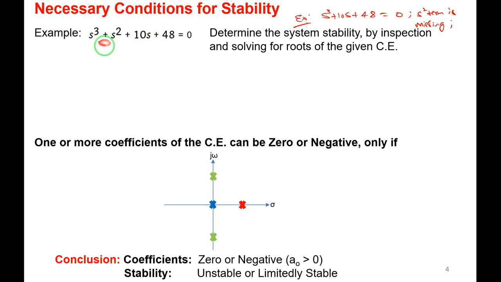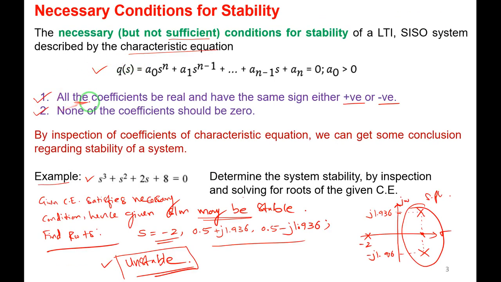But let me take this example now. Since it is satisfying the necessary condition, the necessary condition is satisfied. What I mean by necessary condition being satisfied is these two conditions: all the coefficients are real and have the same sign.